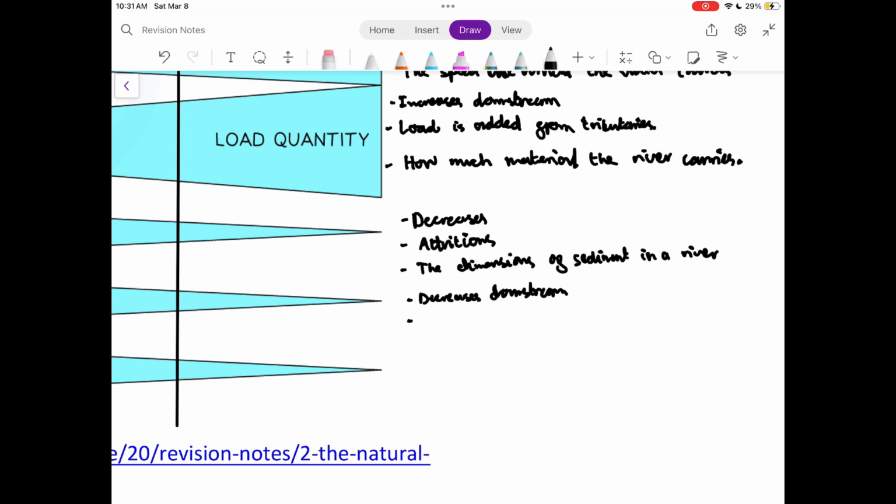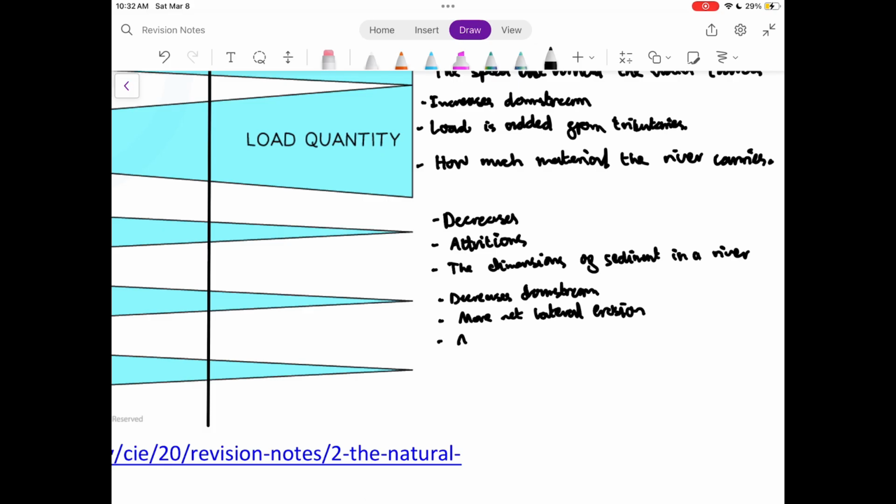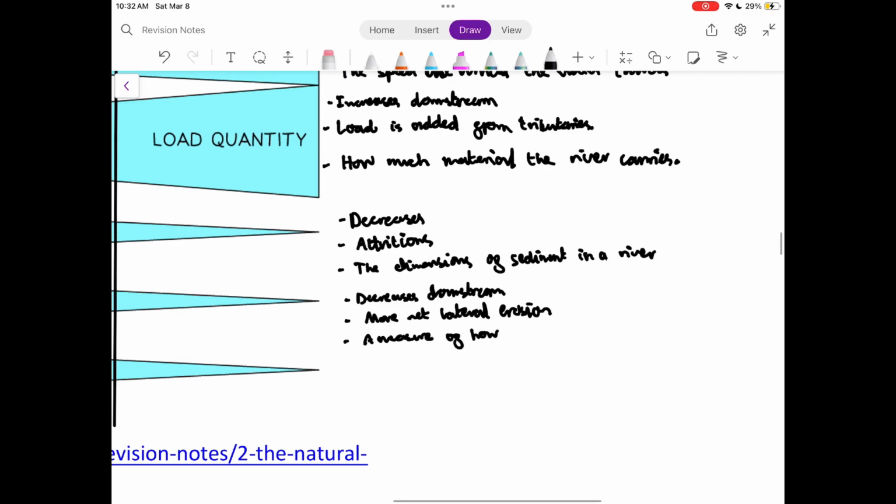So more net lateral erosion. And the definition for this is a measure of how rough or smooth the riverbed is.